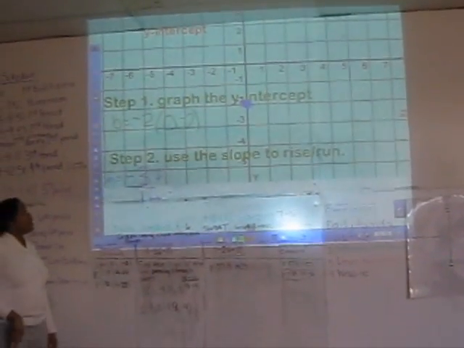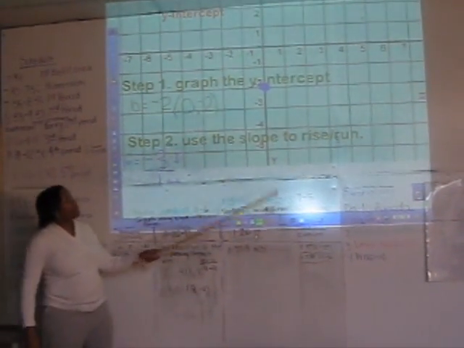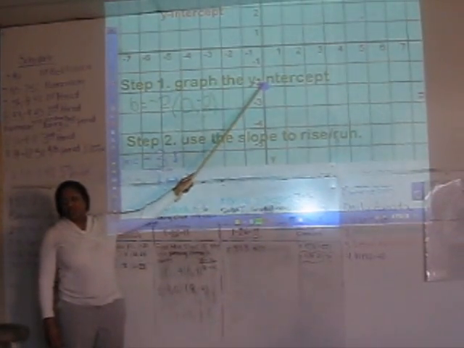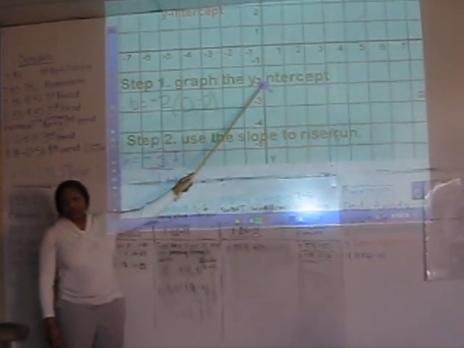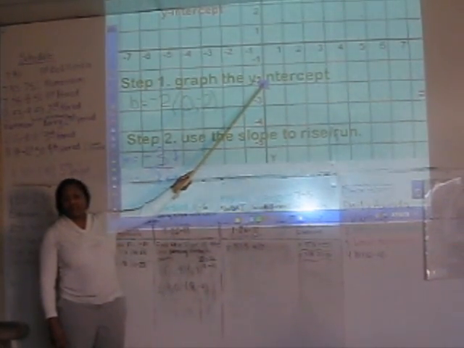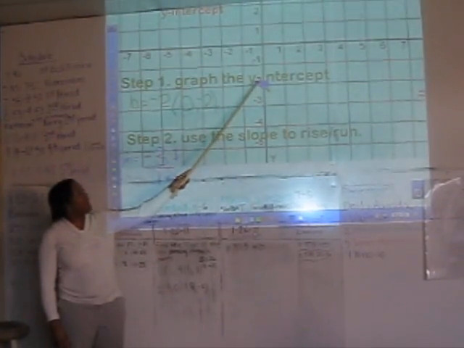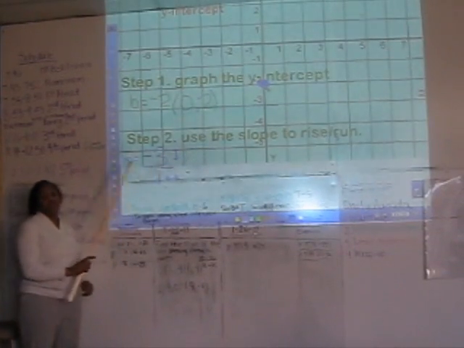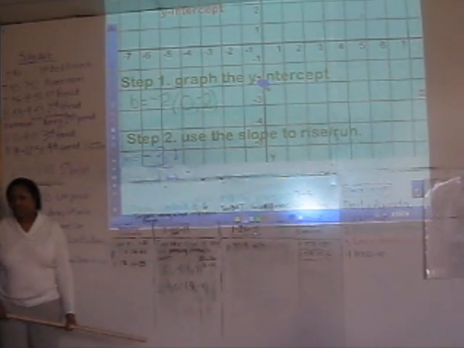Okay? And so, let's go back and everybody put our pencil back on the y-intercept. And we're going to use the slope to move from that point. Now, rise is -3. Do you think that means go down or up? Down. Down how many times? The rise is -3, so we need to go down how many times? 3.